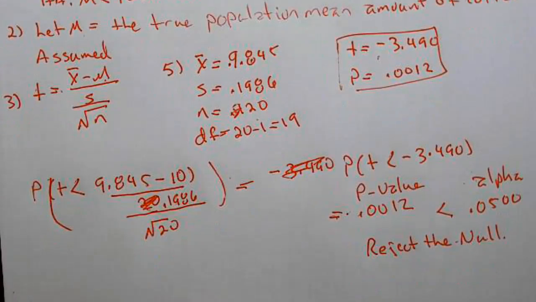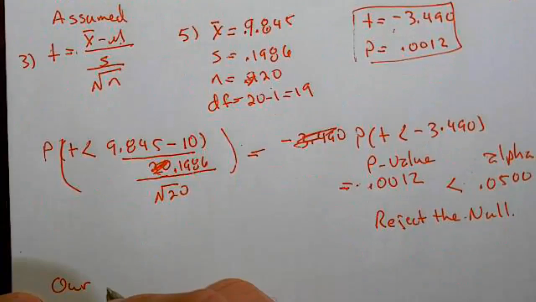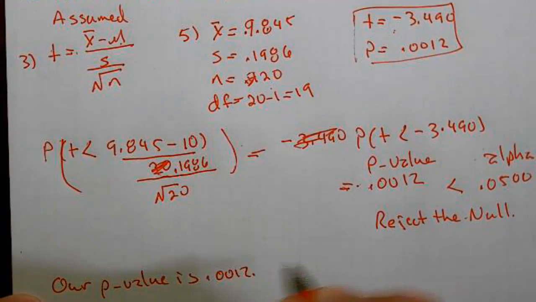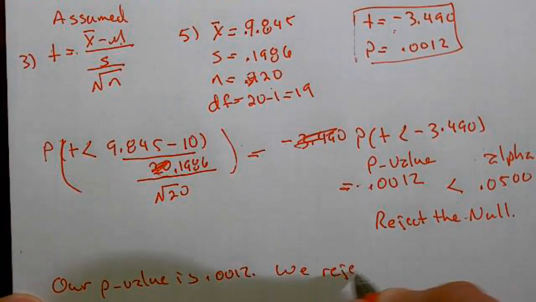So our p-value is 0.0012. We reject the null.